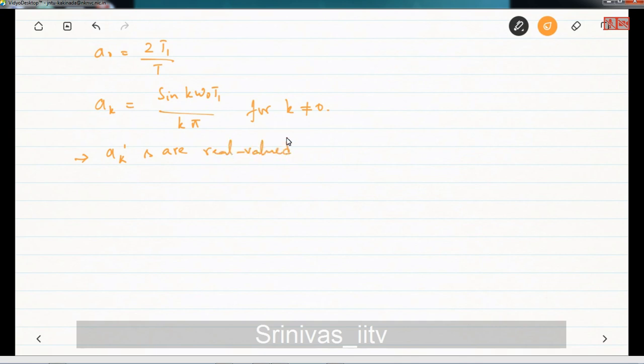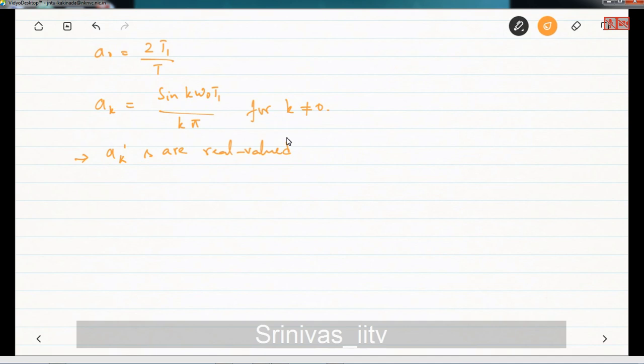So that means we can represent AKs in one plot. Sometimes the AKs need not always be real valued, and if it is complex, we need two plots to represent AKs, one for the magnitude of the AKs and the other for the phase of the AKs.